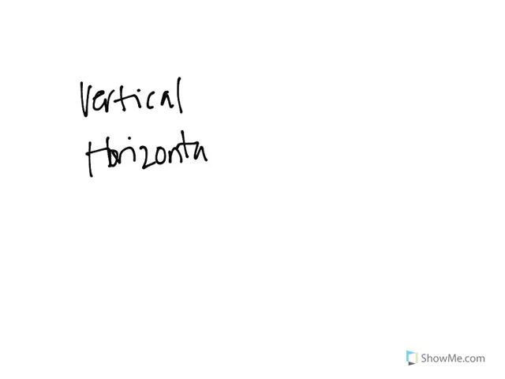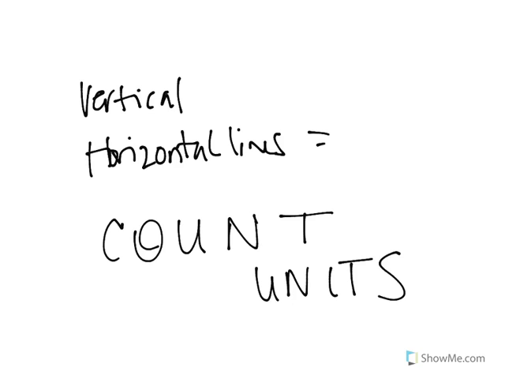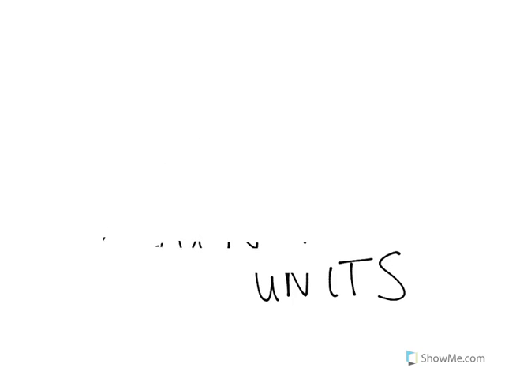So when the segment is parallel to the x-axis, we can count units. When the segment is parallel to the y-axis, you can also count units. Therefore, for vertical and horizontal lines, we can just count units. And that will give us the answer of the distance of a line.